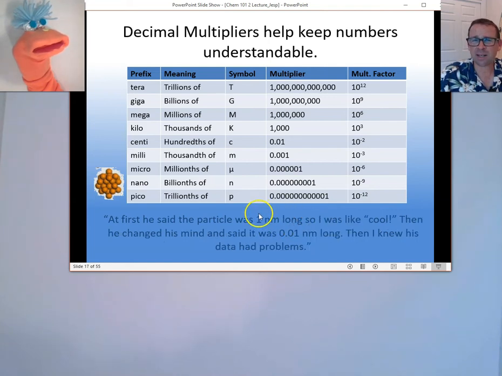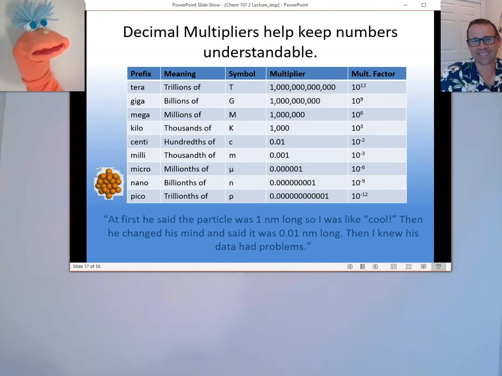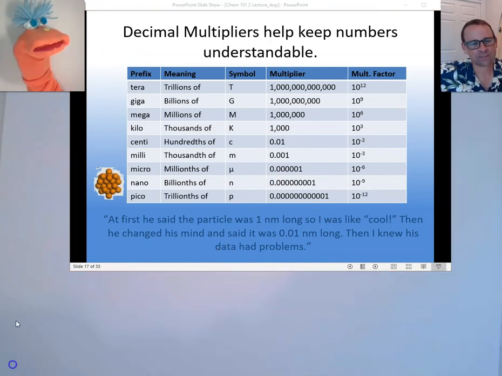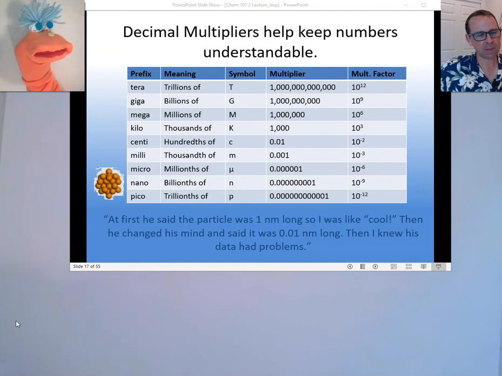So we say things like nanometers, right? Or 0.01 nanometers. If we keep our values between 1 and 100, then that usually allows us to communicate more effectively, okay? So we want to become familiar with some of these prefixes.